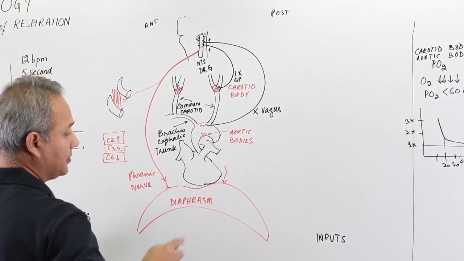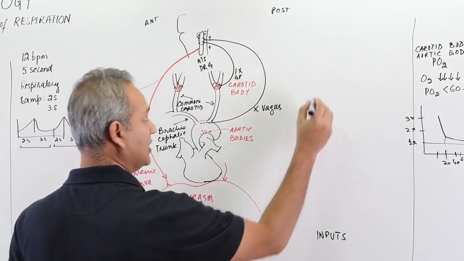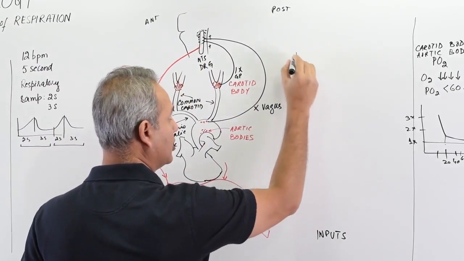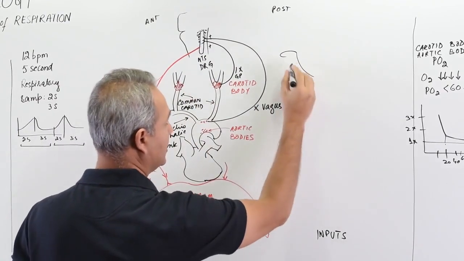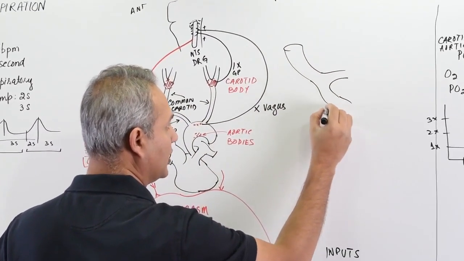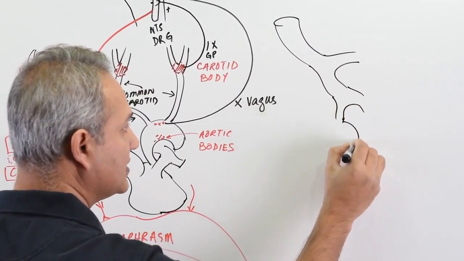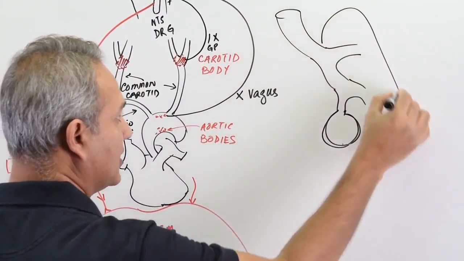There are other triggers that affect this as well. So let's make a bronchus here. Remember the bronchus, there would be lungs and bronchi here, so I'm going to move that a little away. So let's make some airway, and let's say this is an alveolus. This is lung tissue.